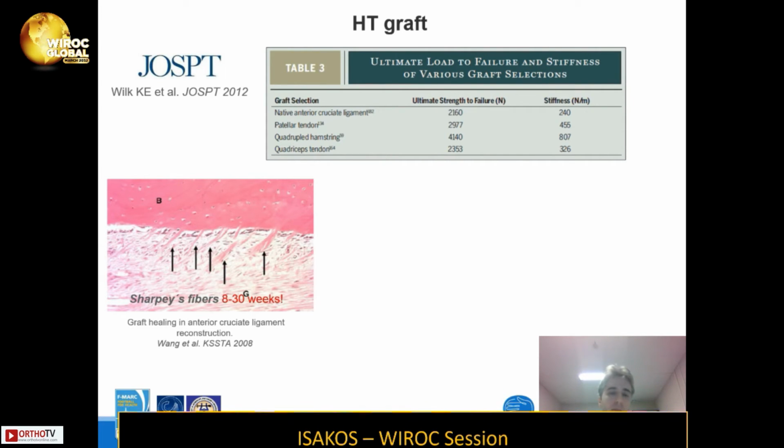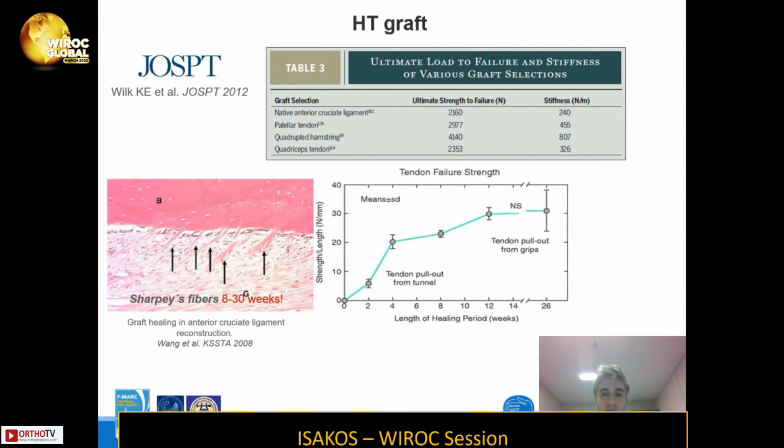So the hamstring tendon graft needs the formation of Sharpey's fibers to heal, and the Sharpey's fibers formation occurs somewhere between 8 and 30 weeks after the surgery. And if we look at this figure, the pull-out strength of the graft correlates with the number and size of bridging Sharpey's-like fibers, which is complete at 3 months postoperatively.